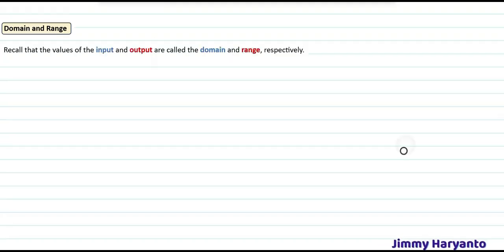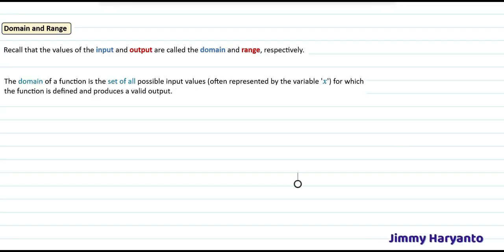Okay, next is the domain and range of the function. Recall that the values of the input and output are called the domain and range respectively. Usually the question wants you to find the range, so you have to know how to calculate the range. The domain of a function is the set of all possible input values, often represented by the variable x, for which the function is defined and produces a valid output.